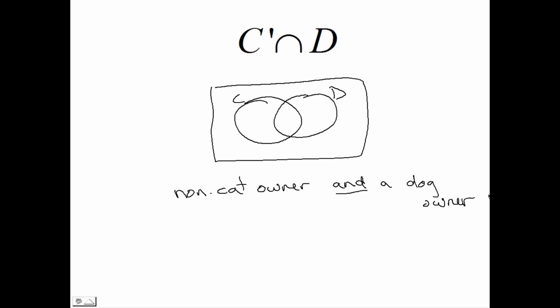So you own a dog, but you do not own a cat. Well, this middle area cannot be shaded because these people have cats. The outside cannot be shaded because these people have neither. So what's going to be shaded? This area right here. Non-cat owners, but also dog owners.